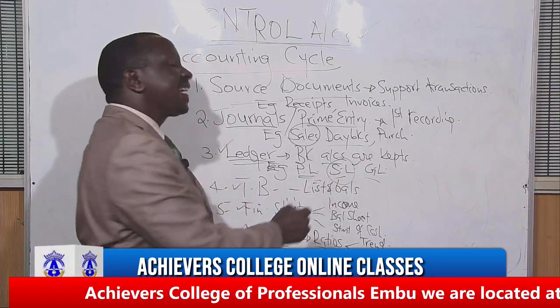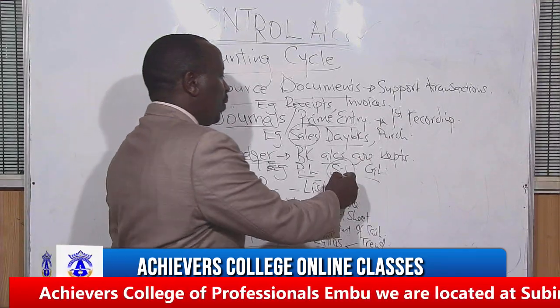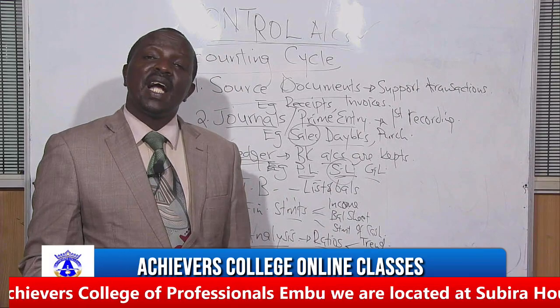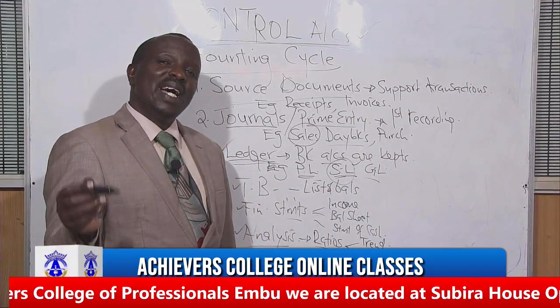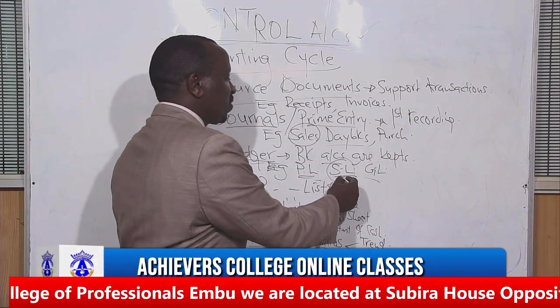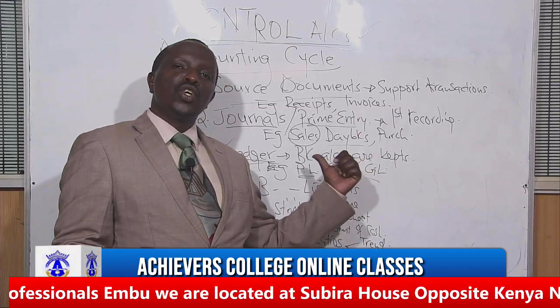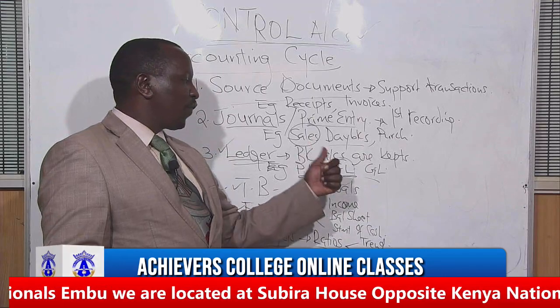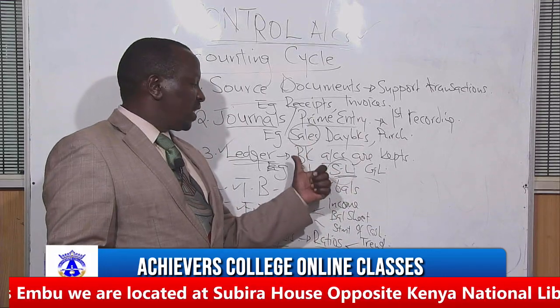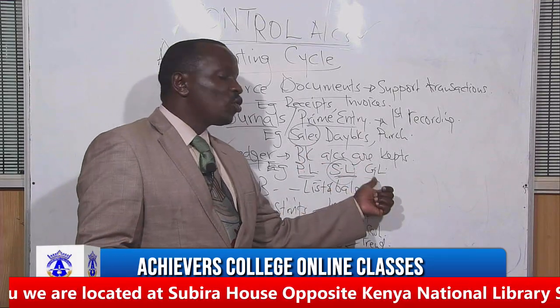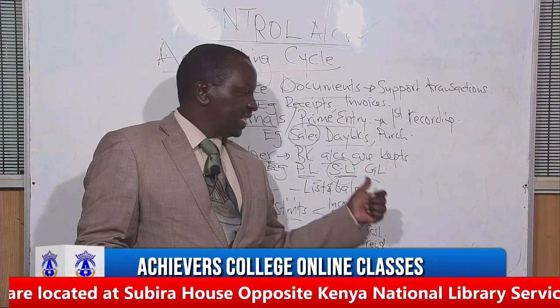It is also called the creditors ledger. In the sales ledger, you keep the accounts of accounts receivable or debtors, and therefore it is called the debtors ledger. But any other account that is not of debtors or creditors is usually kept in the general ledger.